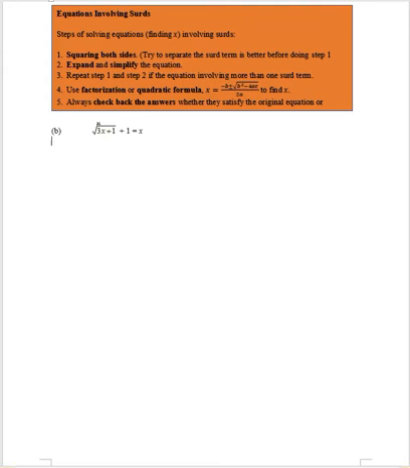Instead of just squaring both sides straight away, what you can do is simplify the problem before you square it by moving the value which is not the surd to the right side. So just bear in mind that anything which is not the surd, just bring it to the other side and just leave the surd on one side.